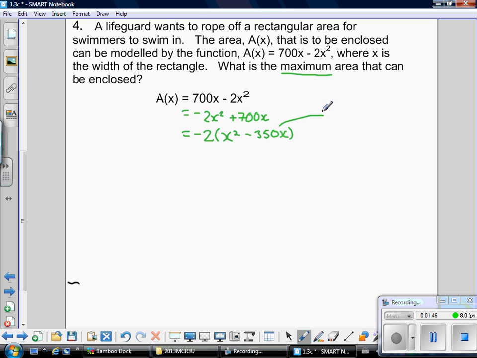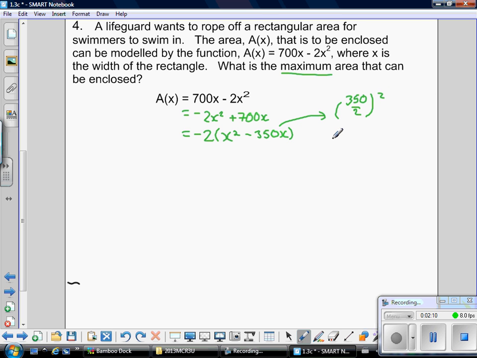So now I'm going to take half of this number, which, oops, 350. I wanted to put a different number. And that looks pretty bad. So we'll just redo that. So I have 350 divided by 2, and I'm going to square it.